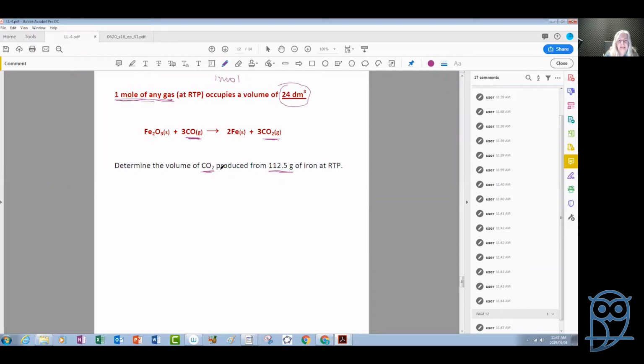What they mean is the volume of gas that corresponds to this mass of iron produced at room temperature and pressure.